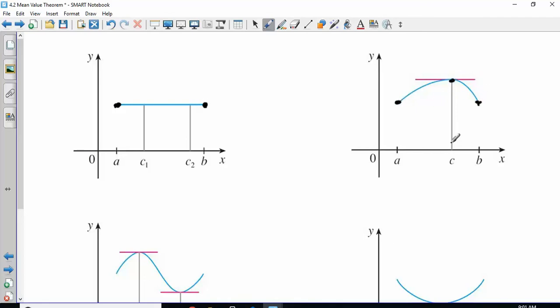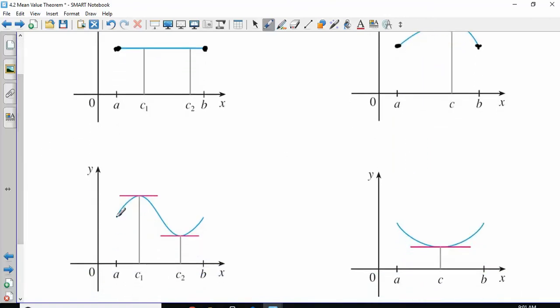So we see right here, we have a horizontal tangent line. Derivative is 0. You could have more than one. If you're going to start and end at the same point, you could change directions multiple times along the way. But no matter how I draw that, there is a place where the derivative is 0.